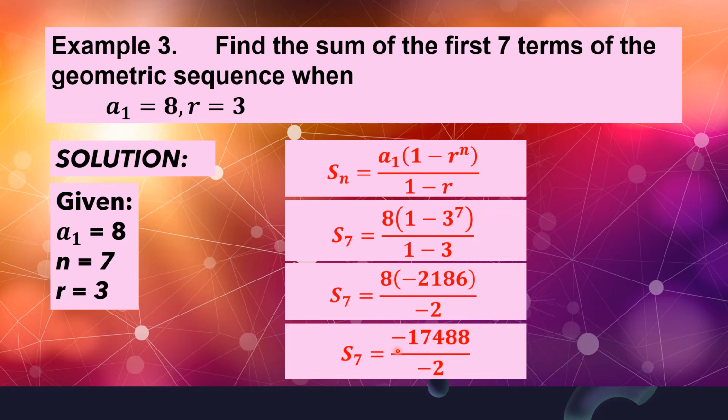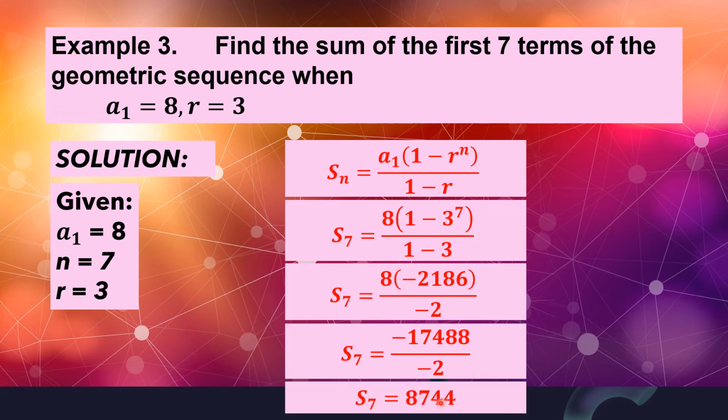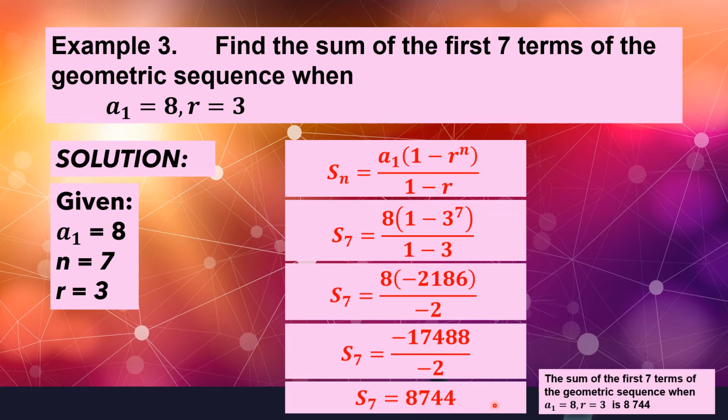And negative 17,488 divided by negative 2 is equal to positive 8,744. Thus, the sum of the first 7 terms of the geometric sequence when a sub 1 is equal to 8 and the common ratio is 3 is equal to 8,744.